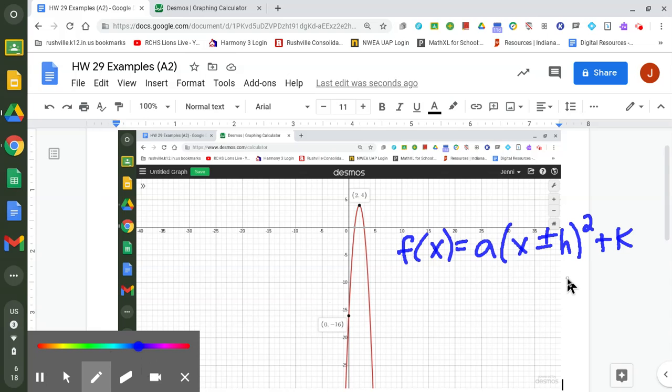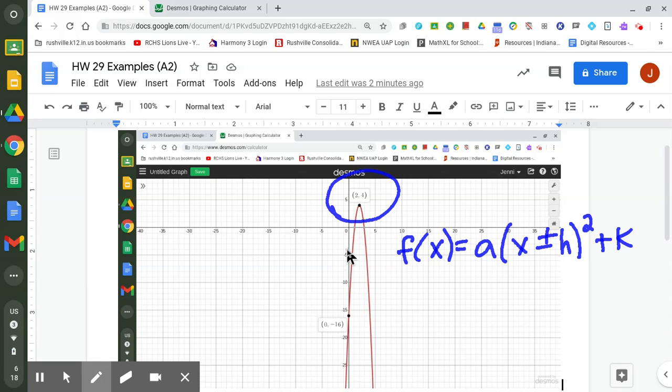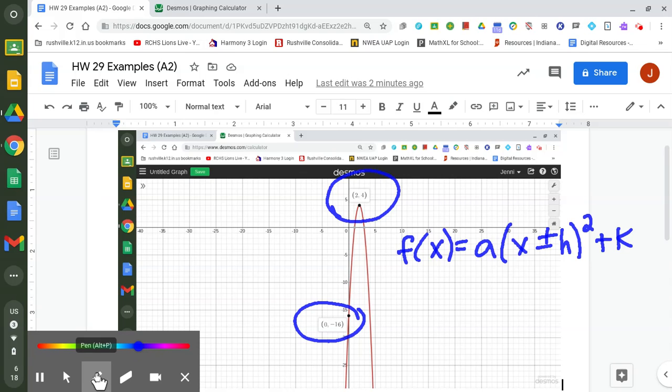Okay, so here is our vertex form, and since we don't know the a, we are going to be using our vertex, which is (2, 4), and we have another point that is (0, -16). So we're going to be using those two points and doing some substituting.